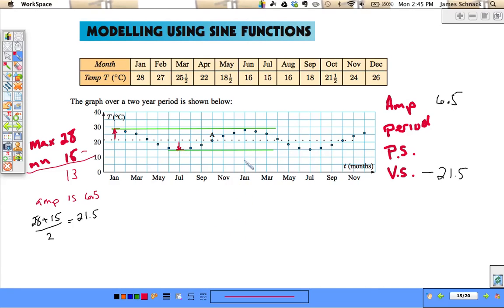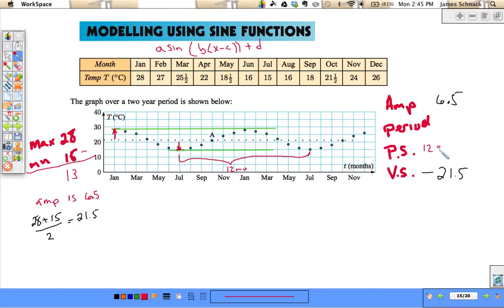How about period? Well, period is the length of one cycle, remember. So let's go there to there. Well, that's 12 months. But remember, we don't just put that into the equation. Our equation was a sine b x minus c plus d.